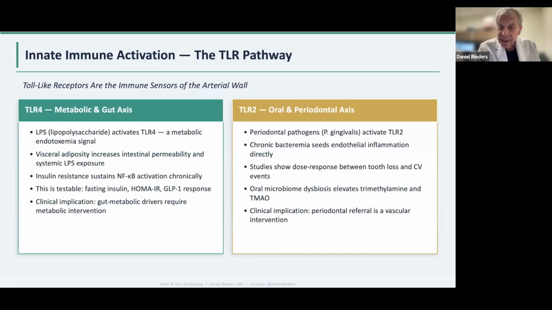And you can get a blood test called a TMAO, which can show a problem there. And you can go to a dentist and they can measure what's going on in your mouth and look at your gum health, and that can be remedied. And that's another upstream treatment.